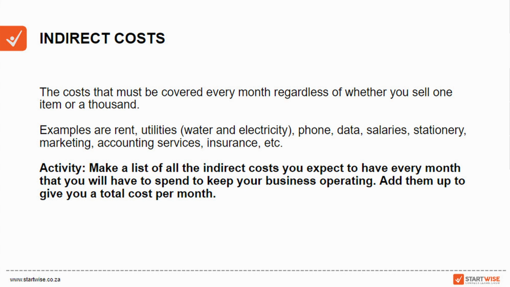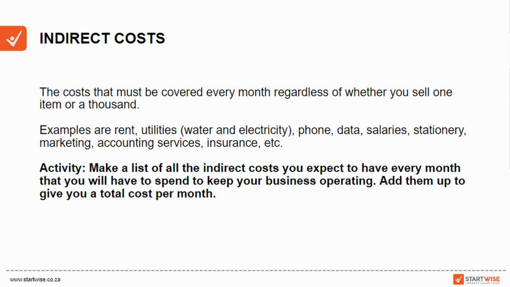And then the indirect costs eat up all our profit. And at the end of the month, we can't understand why there's no money in the bank. So in the calculations that we'll be covering today, I'll be showing you how you can include your indirect costs in your calculations so that you make sure those are covered too.